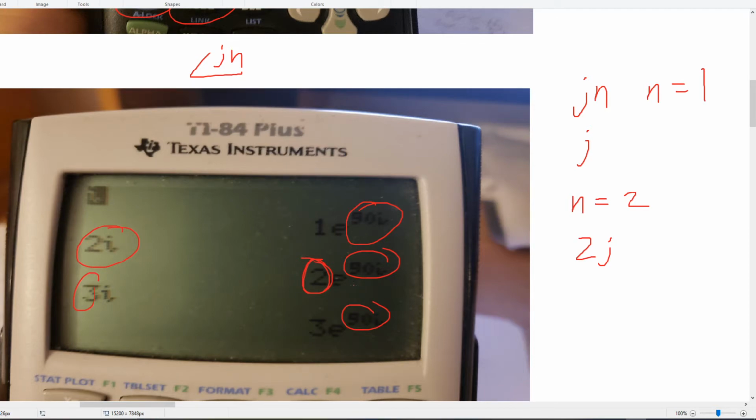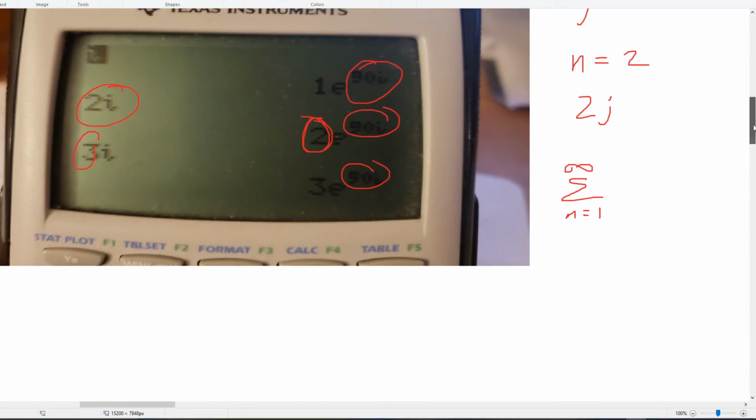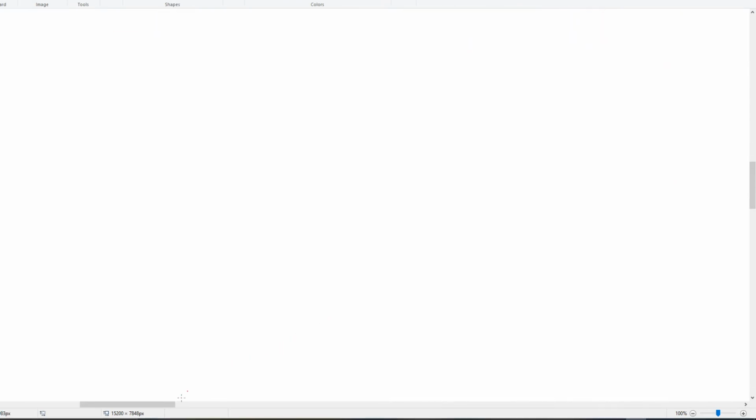But this is just letting you guys know. Later, this is the summation for n equal to 1 to infinity, but I'll be explaining that after we do the y of n part. So no matter what number you put in, you're always going to get 90. And there's one thing I have to explain: 90 degrees is equal to pi over 2 radians. So we're actually going to write it like this.